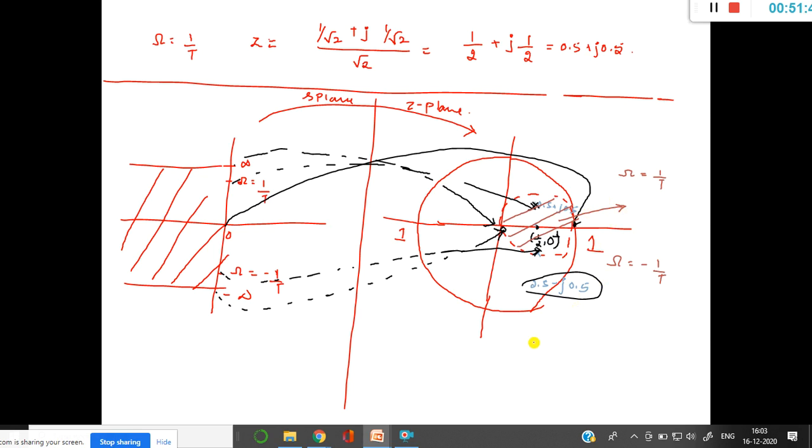So all frequencies of S plane, including infinity, are also mapped on z plane within the unit circle. So hence the system is stable.